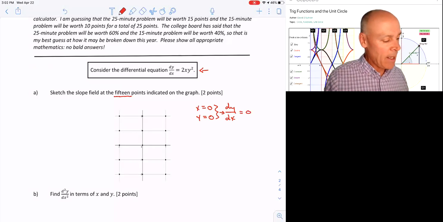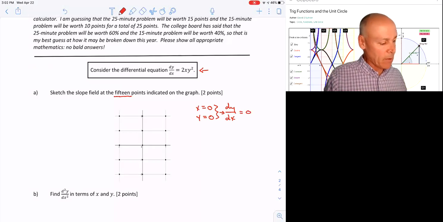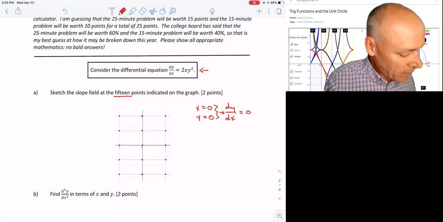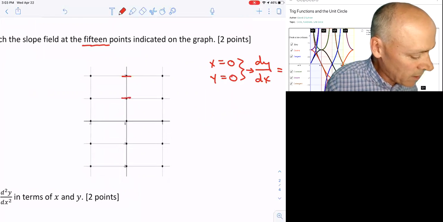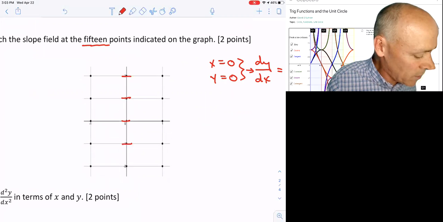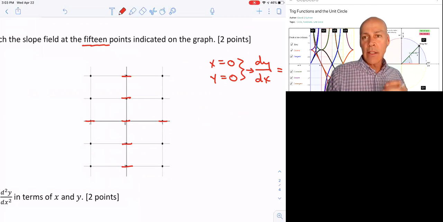So any point on the x-axis or the y-axis, the tangent line is going to have a slope of 0. Looking at the y-axis, slope is 0, slope is 0, slope is 0, slope is 0, slope is 0. And then a couple more points on the x-axis here and here. Those tangent lines have slopes of 0.